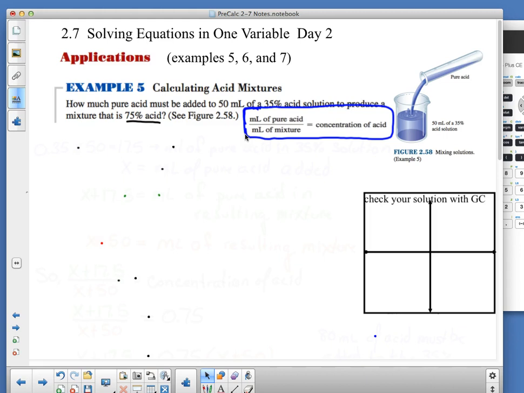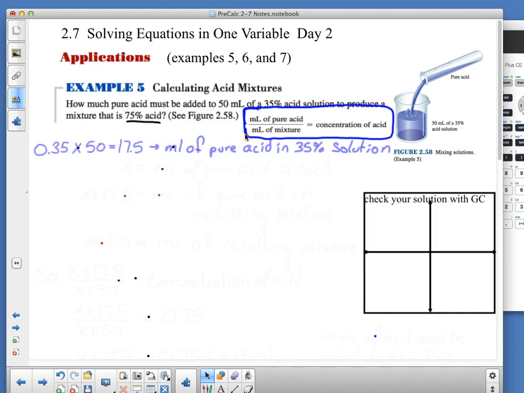After this, I have a beaker with 50 milliliters of stuff in it. In this 50 milliliters, I have a 35% solution of acid. Now, how much pure acid is that? That's the thing I've got to find. So I'm going to start defining my units as I go so you understand what's happening.